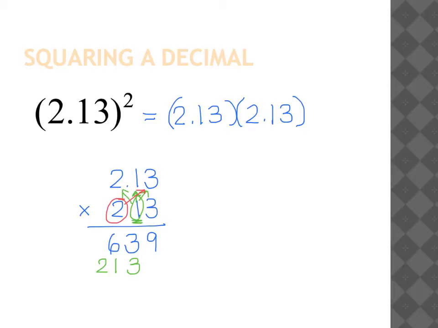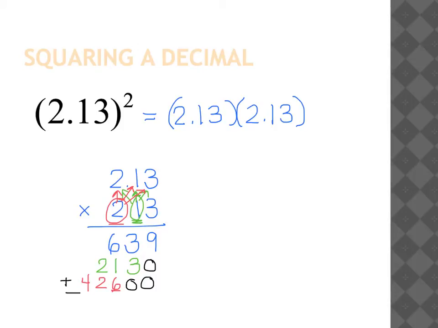So 2 times 3 is 6. Again, we need to start in the hundreds column, so that 6 goes there. 2 times 1 is 2, and 2 times 2 is 4. Some students like to add zeros to the end of these so that everything lines up really nice and neat.